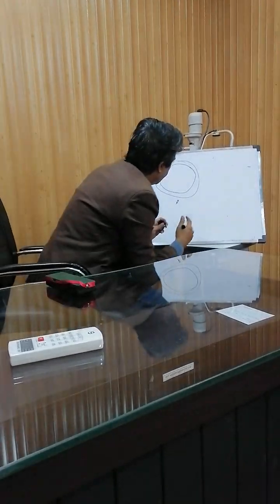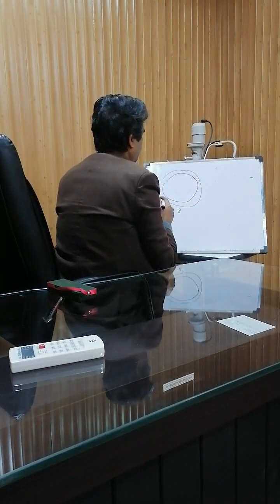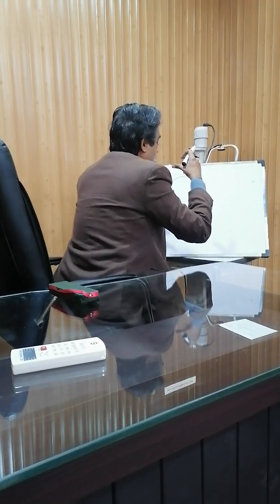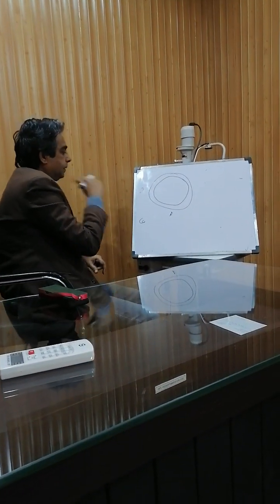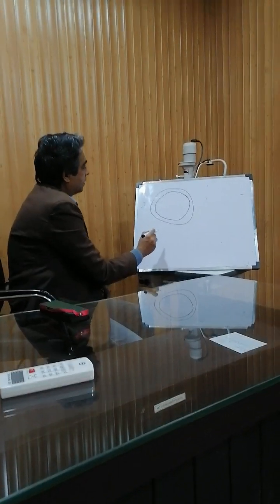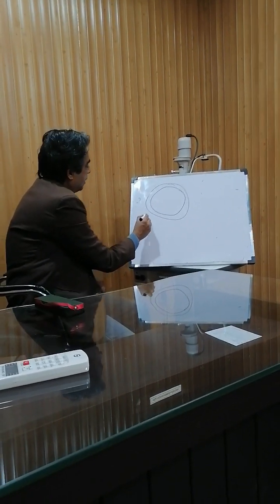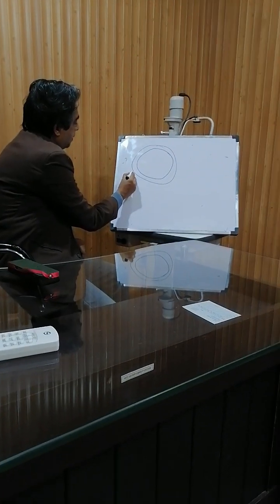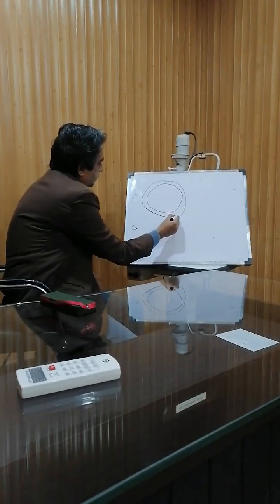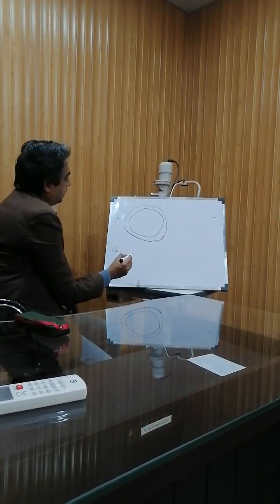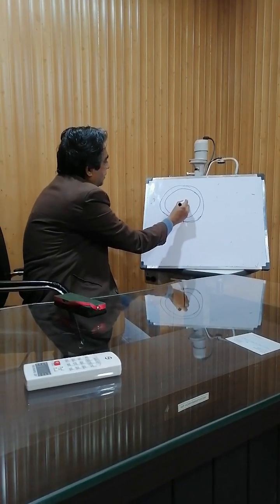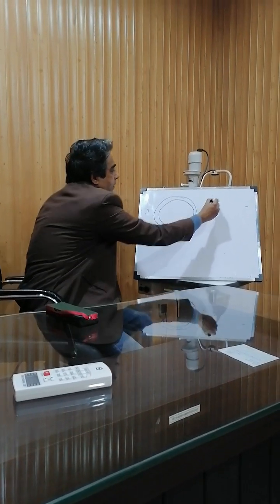The surgeon is sitting here, looking from upward through the microscope. What we do in extracapsular cataract extraction is give an incision of 8 to 10 millimeters at the limbus. After this, we make a small opening, and this is the anterior capsule of the lens.